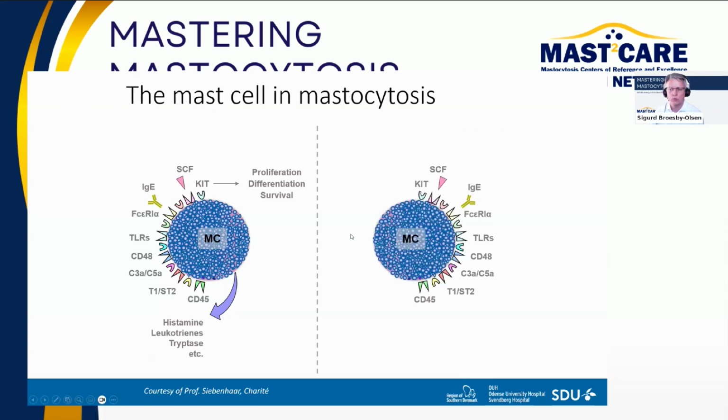But if we turn to the situation of mastocytosis, the KIT receptor is no longer really dependent on SCF. It does have the speeder more or less pushed down. And in that way, we have a prolonged survival and then a clonal accumulation of mast cells that are not normal.